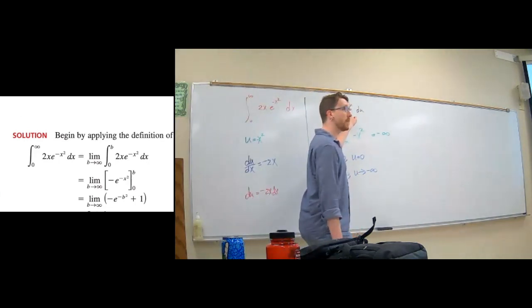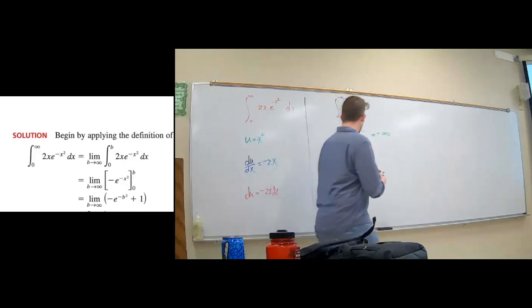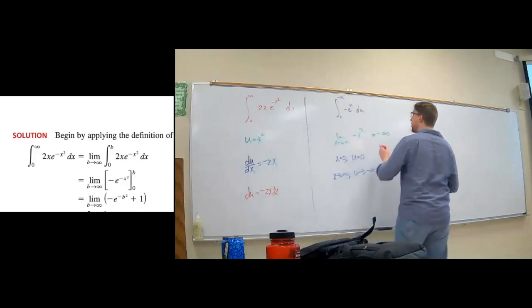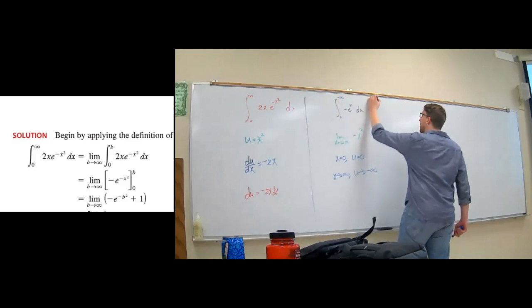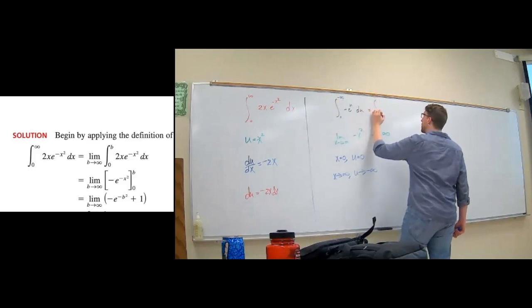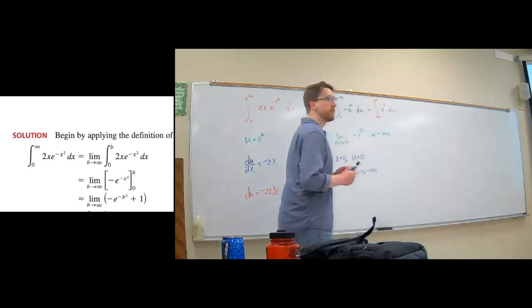And I'm going to point out that because of this negative, we can flip this, couldn't we? We could go ahead and say, well, this integral, because of the rules of integration, is equal to the integral from negative infinity to 0 of e to the u du. Right?